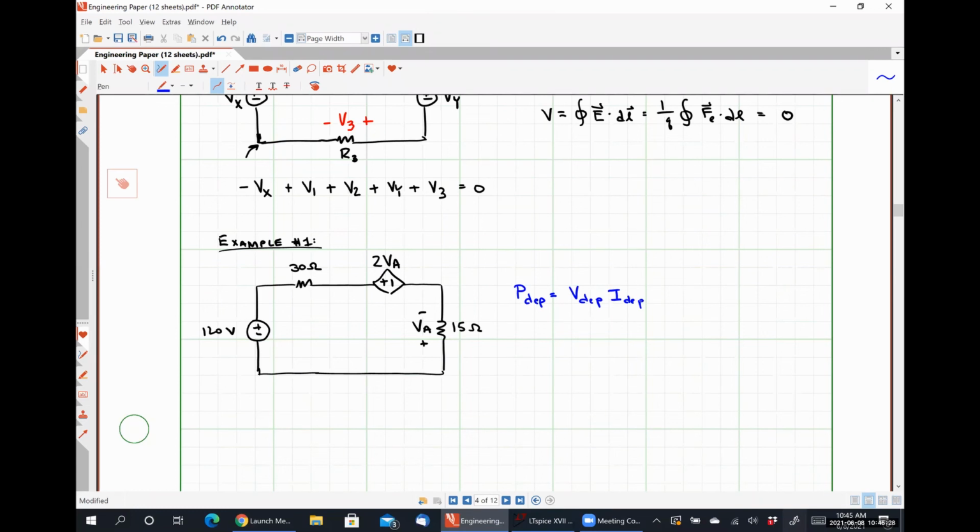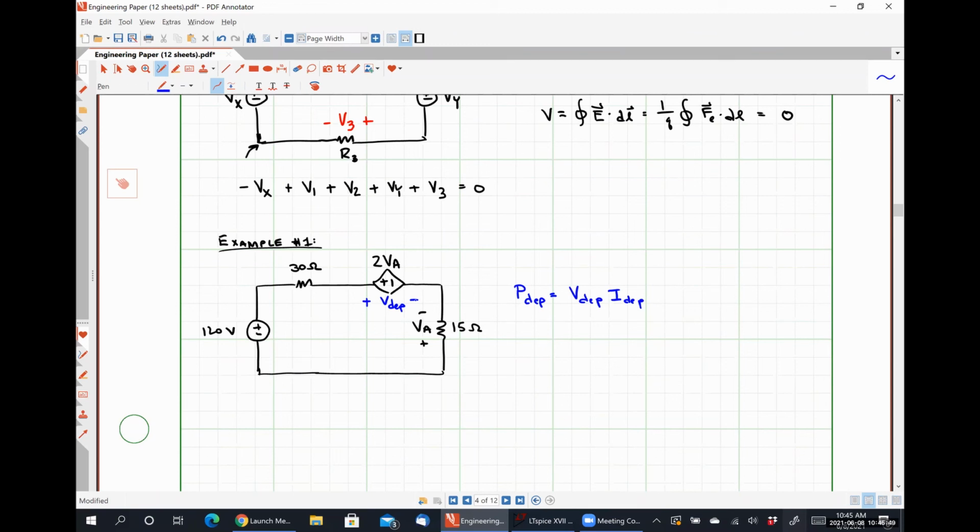So the first thing that I'm going to do here, and this is pretty obvious, I'm going to say that the voltage drop across my dependent source is VDEP, and it has the polarity, positive polarity on the left, negative polarity on the right.